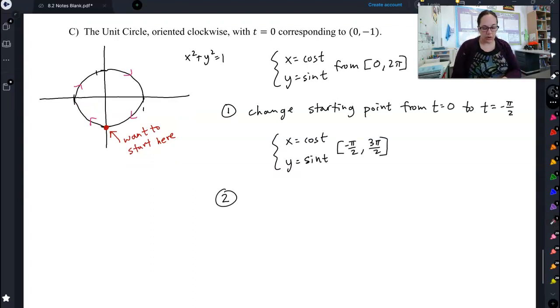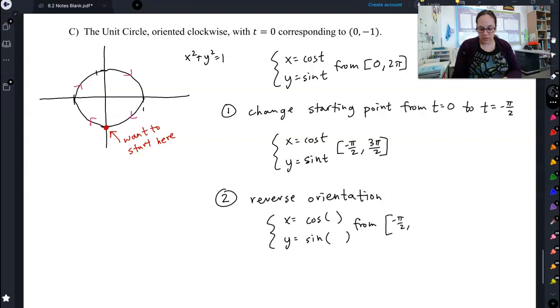Now let's deal with our orientation. We want this to go clockwise. So I need to reverse the orientation. So remember, that means to replace all the t's with negative t's, including in your parameters. I'm going to erase this, move it over. There we go.